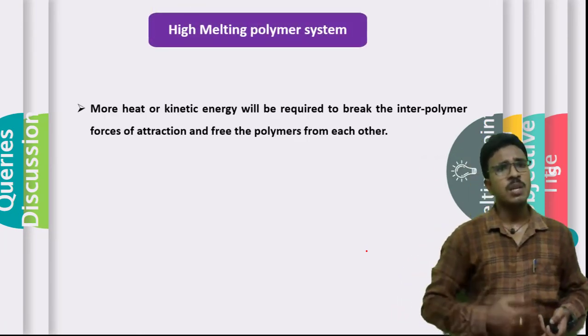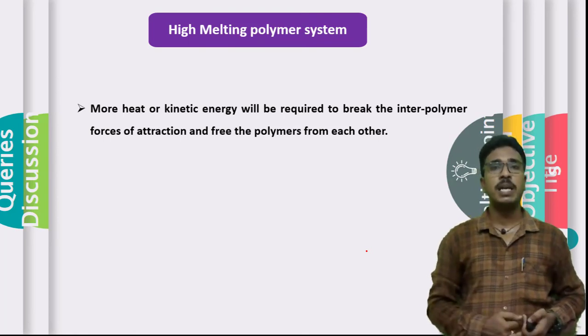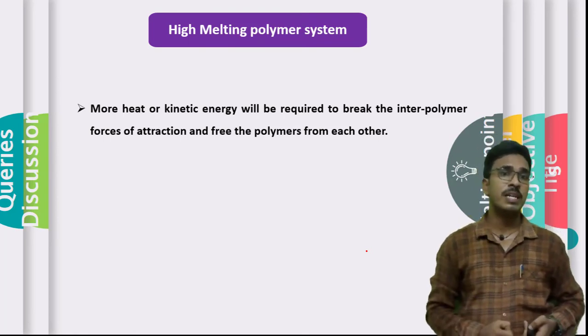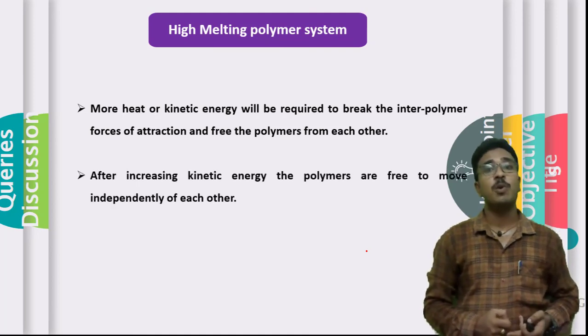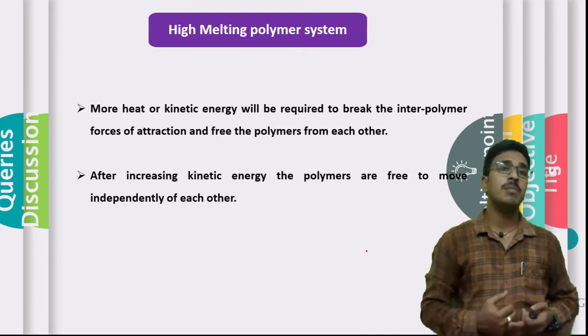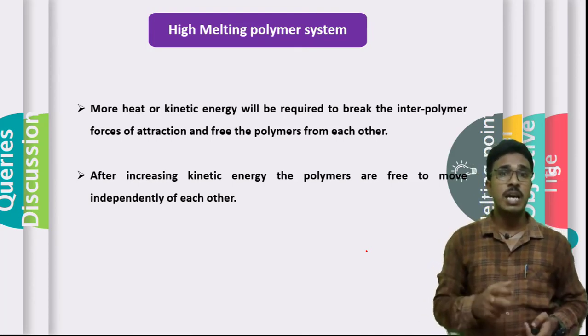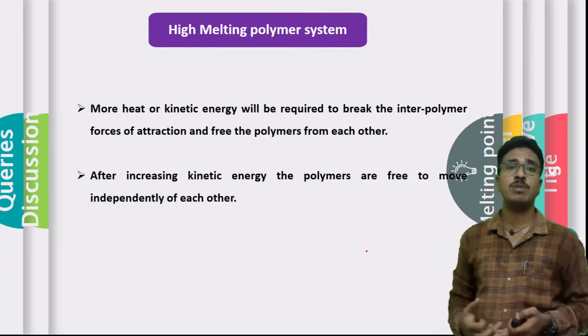Whatever heat or kinetic energy is required to break the intermolecular forces of attraction frees the polymers from each other. So whatever heat we are giving or kinetic energy we are supplying should break these intermolecular forces.